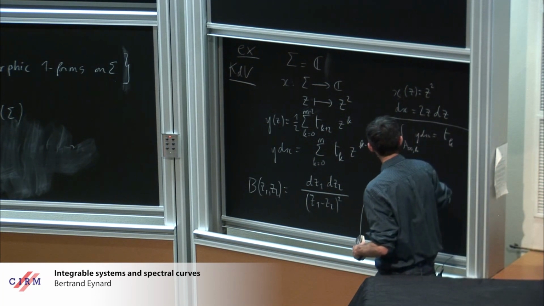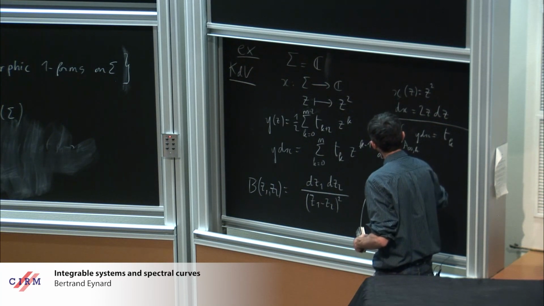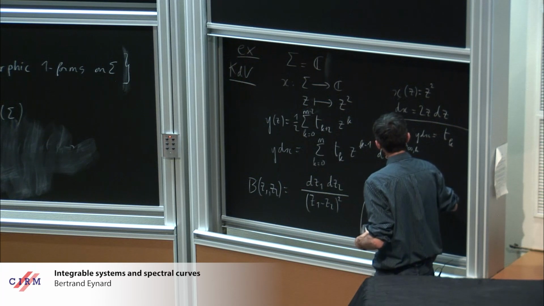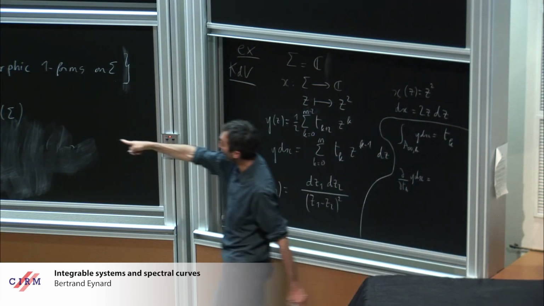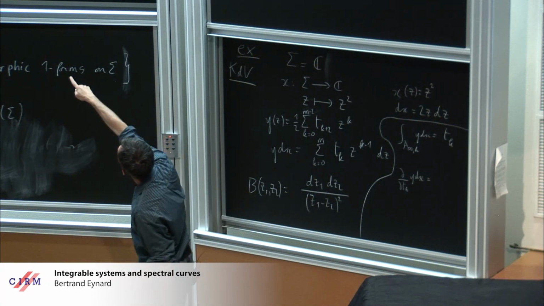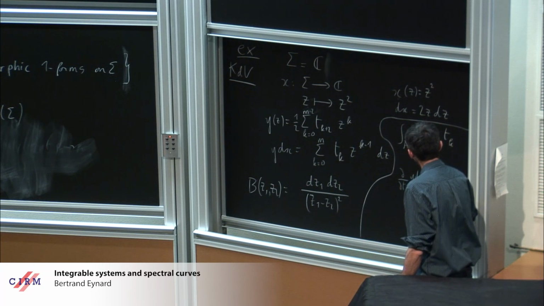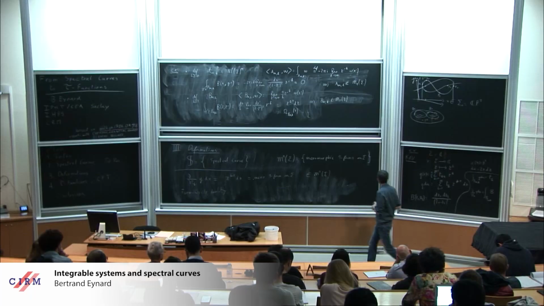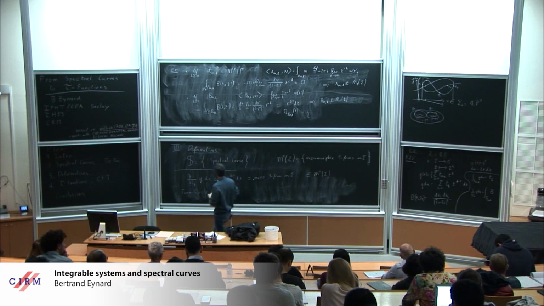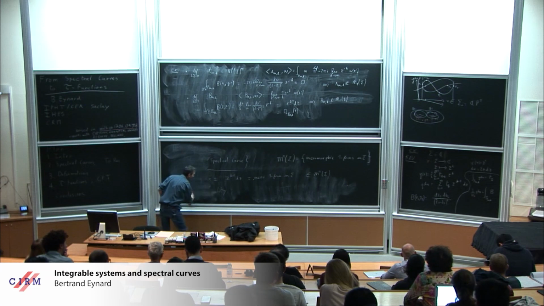And remember that d over dtk of y dx was z to the k minus 1 dz, so it's exactly this omega B infinity k of b. So remember that. That's the idea of what will happen in general.